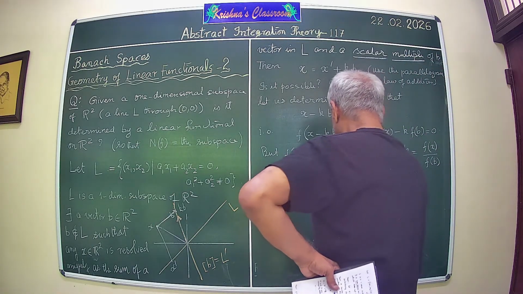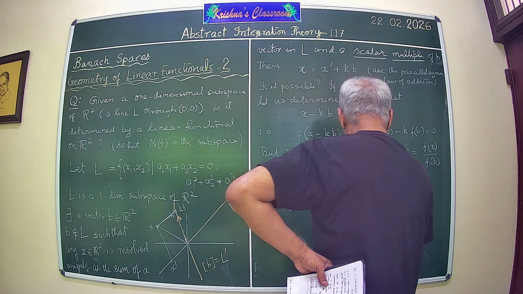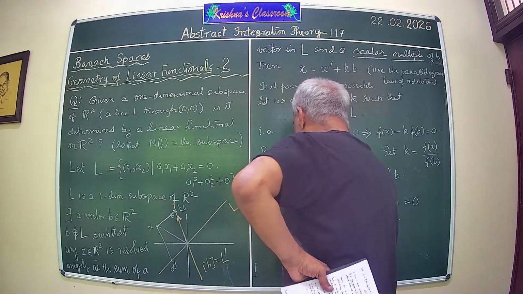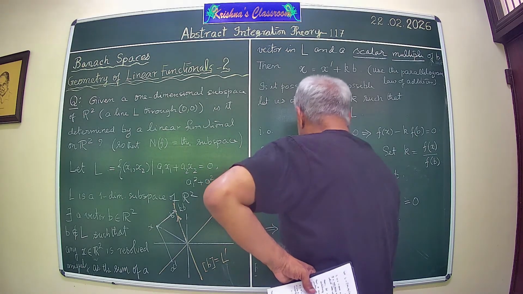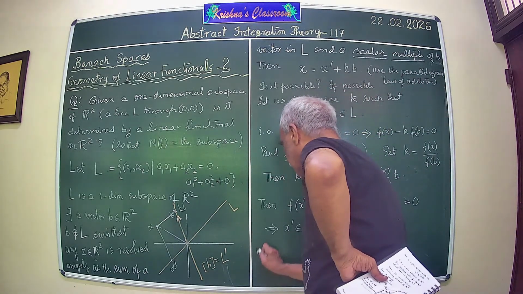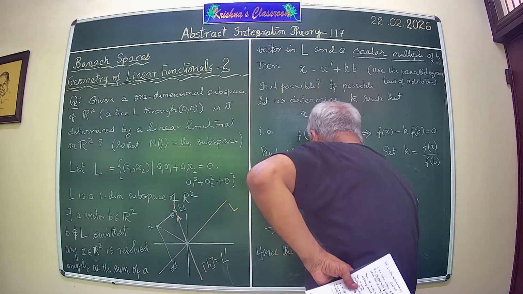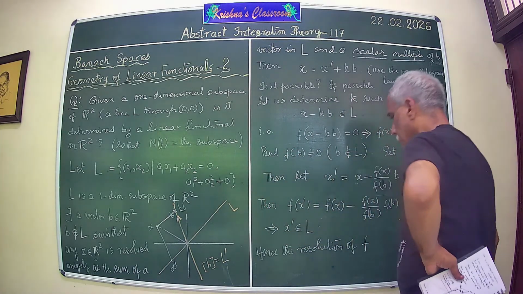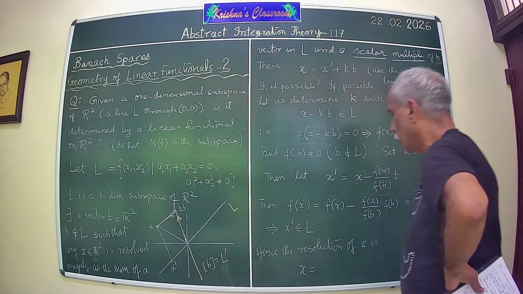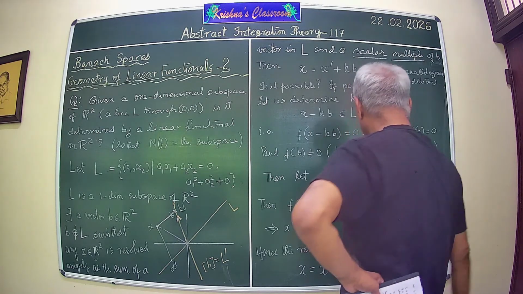So x prime belongs to M. Hence the resolution is x equal to x prime plus k b.